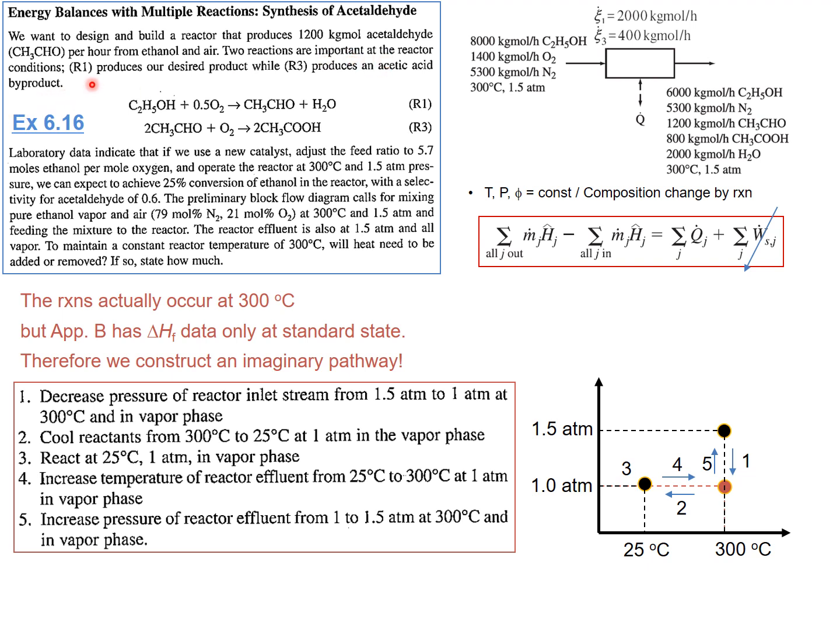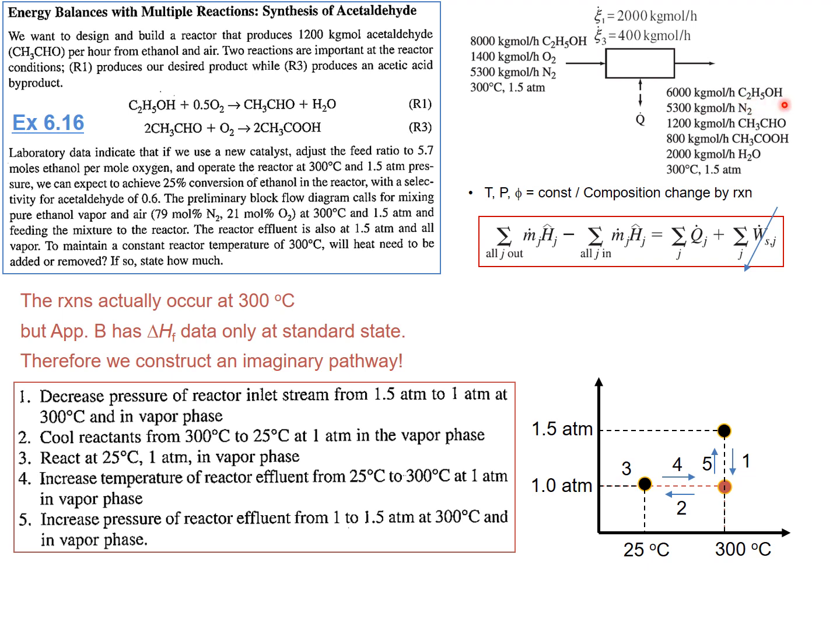The first reaction, R1, produces our desired product, acetaldehyde, while R3 produces acetic acid as a byproduct. This is the reaction we have in our reactors. Then here is the reactor. Ethyl alcohol, oxygen plus nitrogen, actually this is the air, is introduced into the reactor, and the reaction happens having R1 and R3, and the final product list is here.